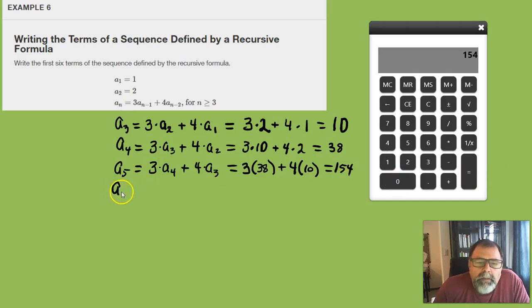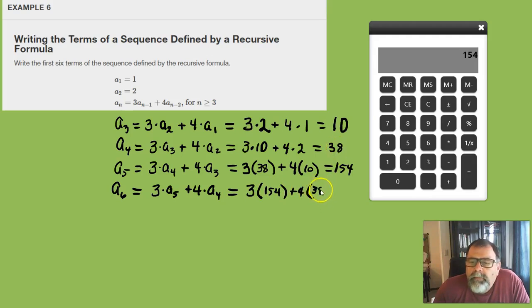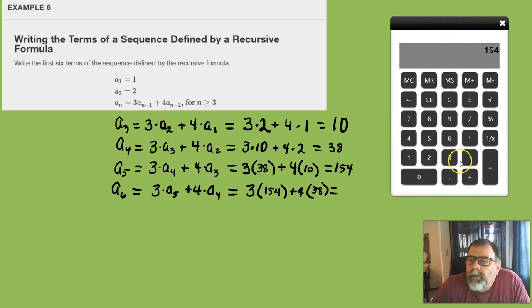And then the last one that they asked us to do: 3 times the one before it, a sub 5, plus 4 times the one before that one, so a sub 4. So we get 3 times 154 plus 4 times 38 equals 614.